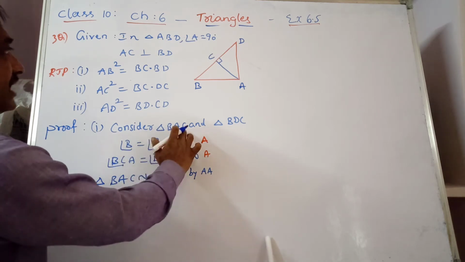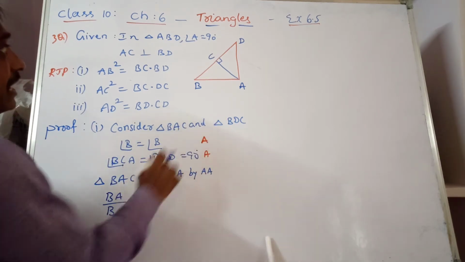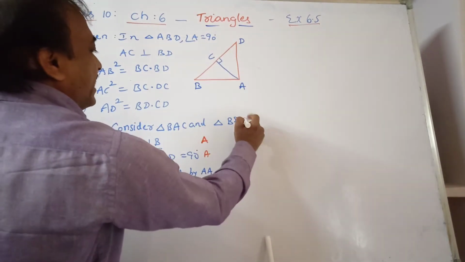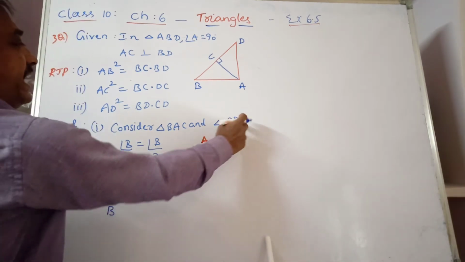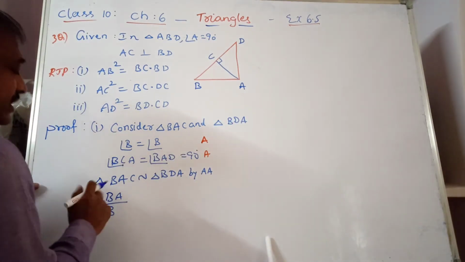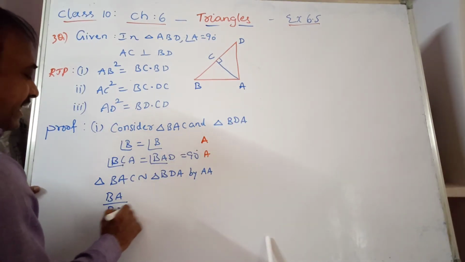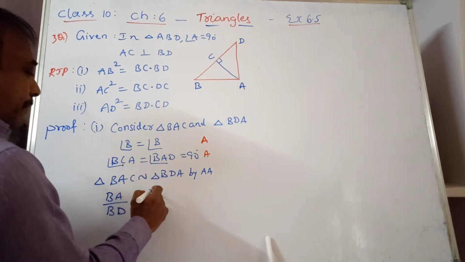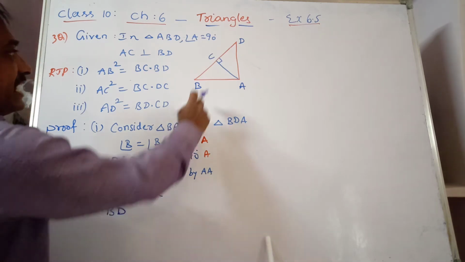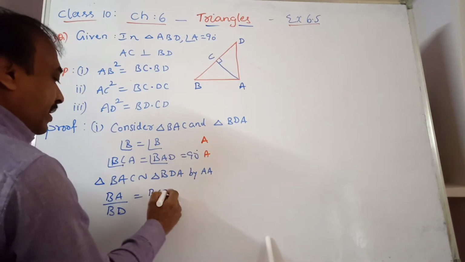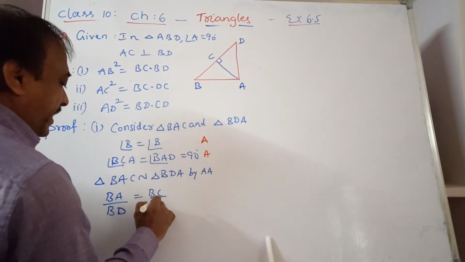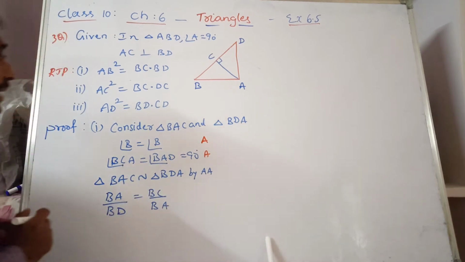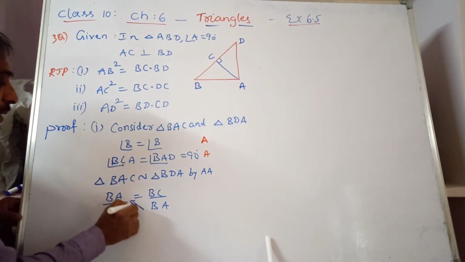Observe it, which triangles did we assume? BAC and BDA. So in that, BA by BD is equal to the corresponding side, BC by BA. Now just cross multiplication.